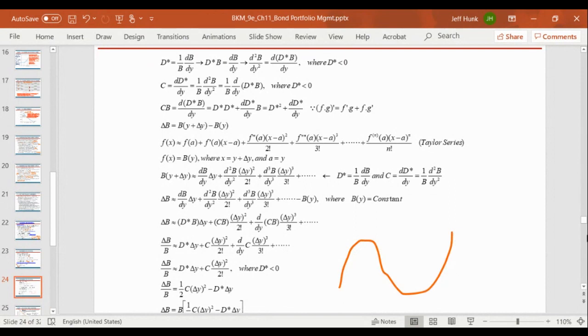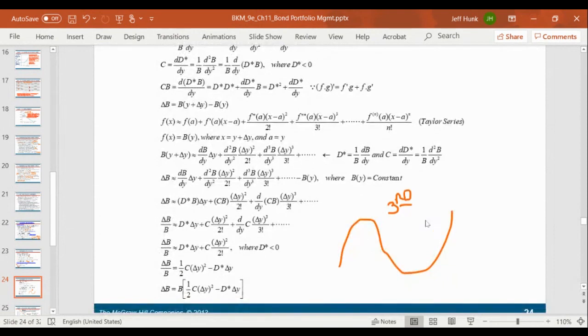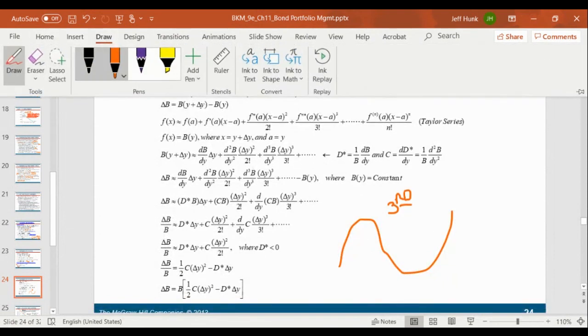Third order is like this, and we don't have this type of curve. We only need to approximate it as second order.